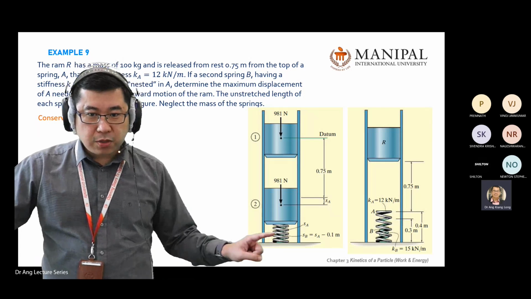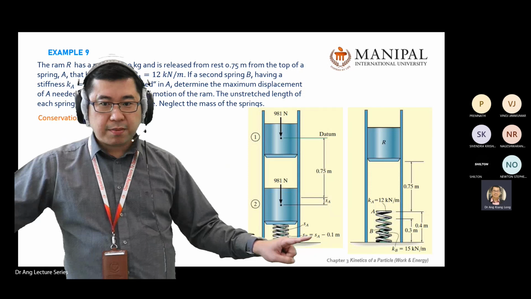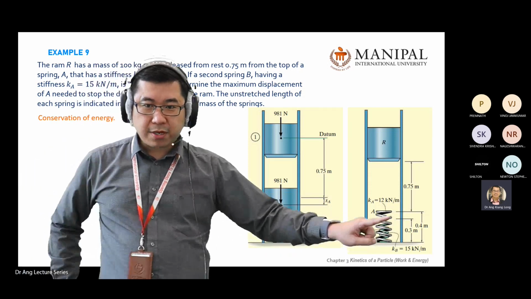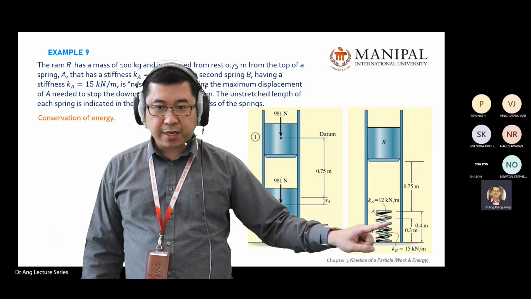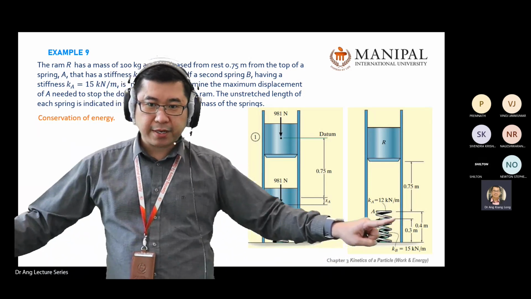Okay, so the relationship of displacement of B is SA minus 0.1 meter. Why? Because the difference between spring A and B is 0.1.